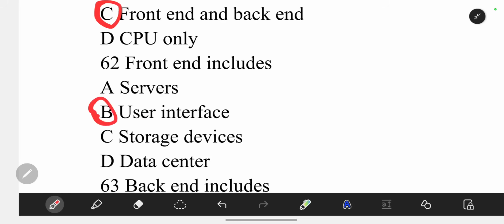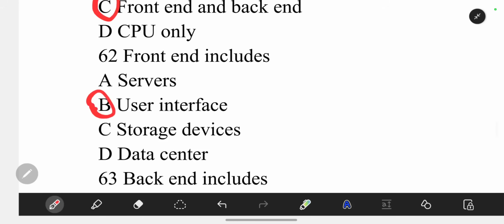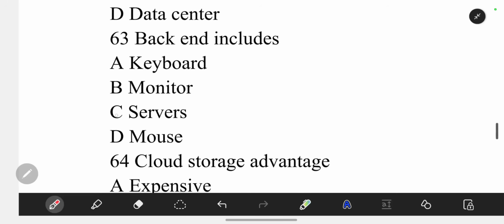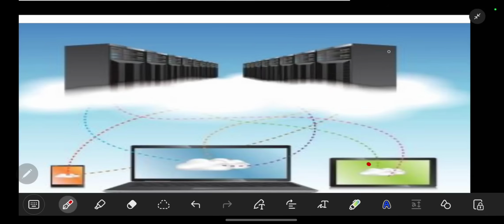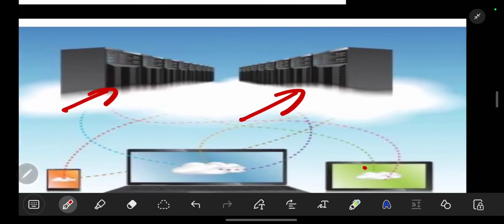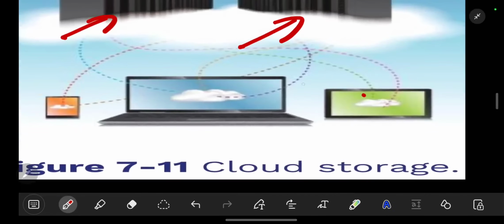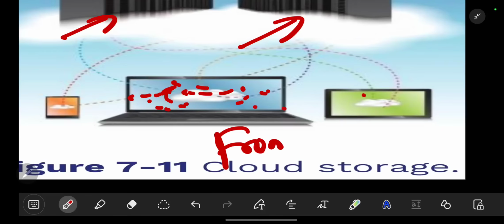Back end involves servers. So if we look at these servers, this is what we call the back end, where you're storing your information. But for you, that will be the front end, the person with that data or where it's coming from.